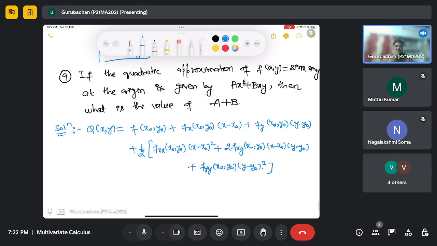So we need to calculate these partial derivatives and this f at the point.